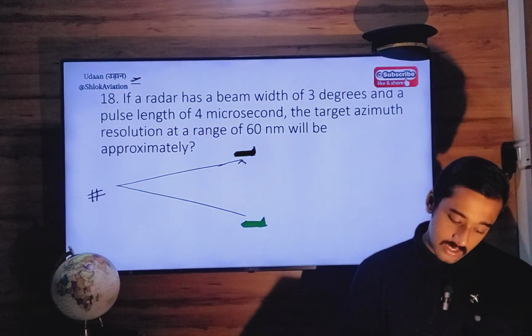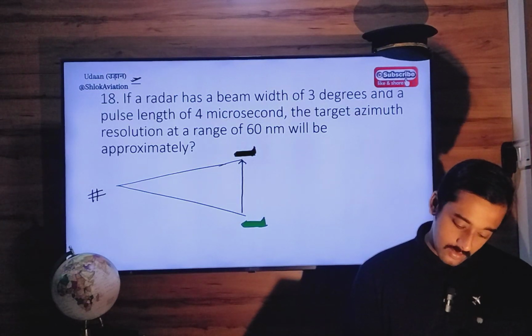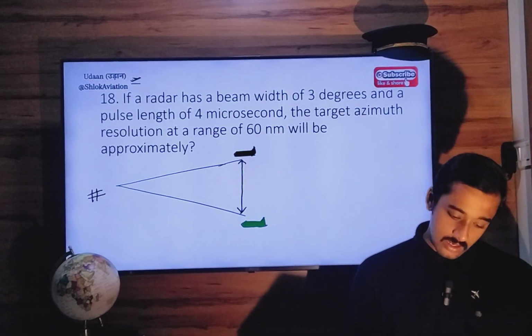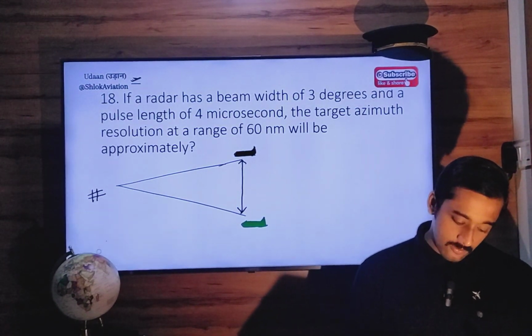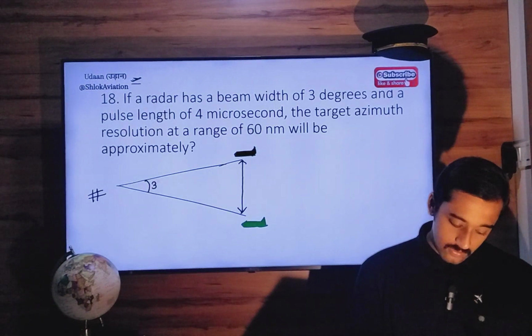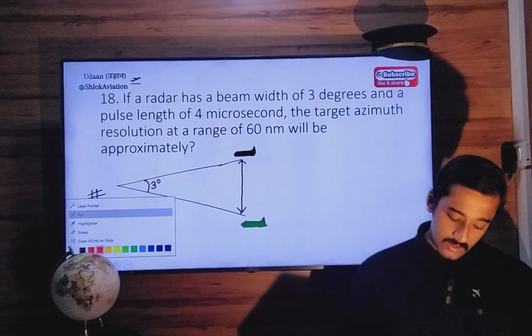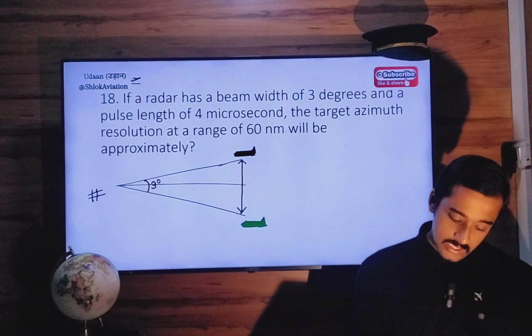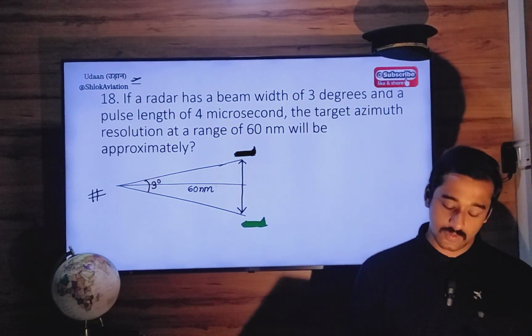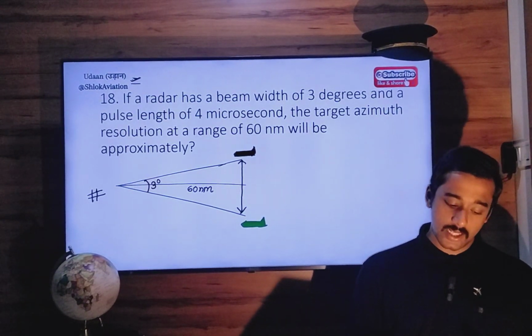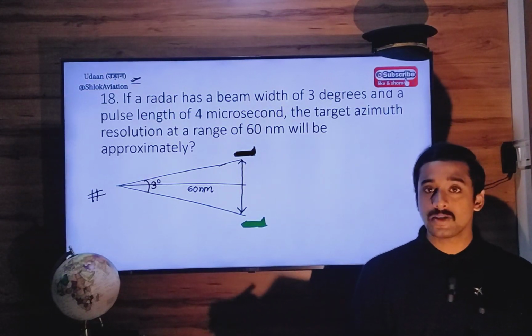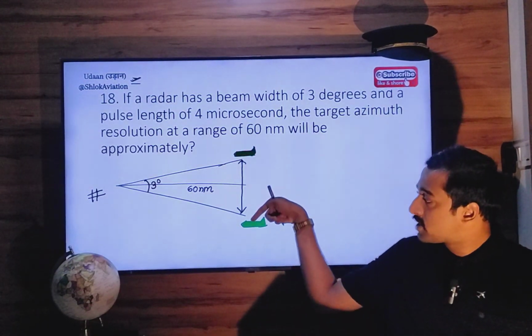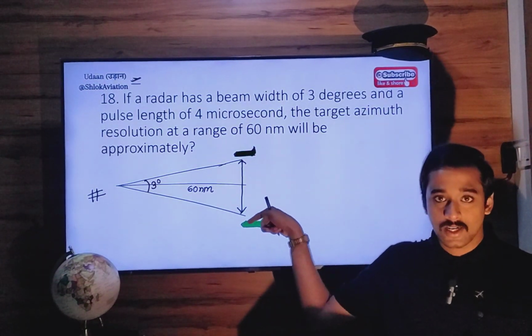This is the distance between them. Now beam width is at an angle of 3 degrees. The distance from the transmitter to the aircraft is 60 nautical miles. And now we have to find target azimuth resolution. That means we have to find the distance between these two aircraft, the lateral distance.